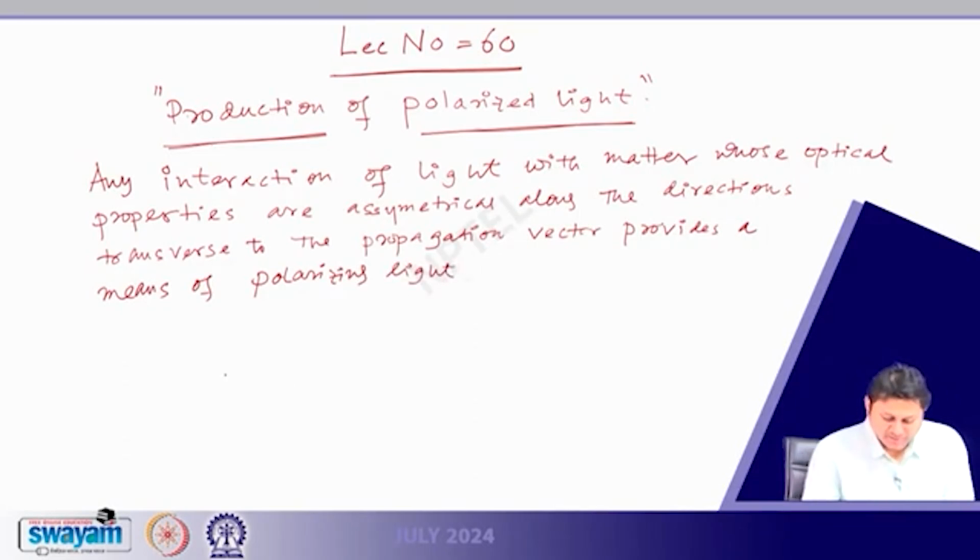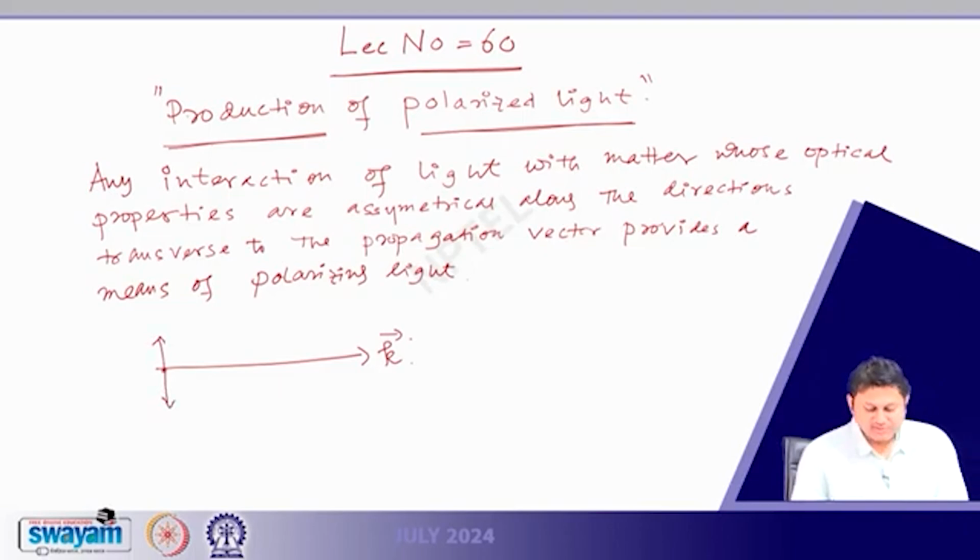So, what I am trying to say is, suppose the light is propagating along this direction, that is the k vector. Along the direction transverse to k, the optical property is asymmetric, that means it is not symmetric in nature.